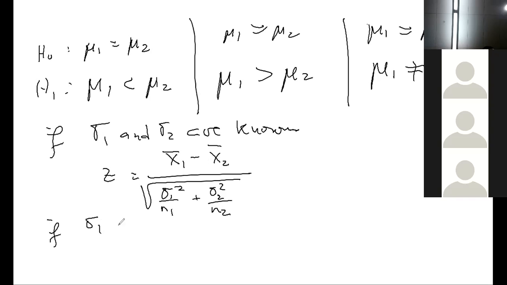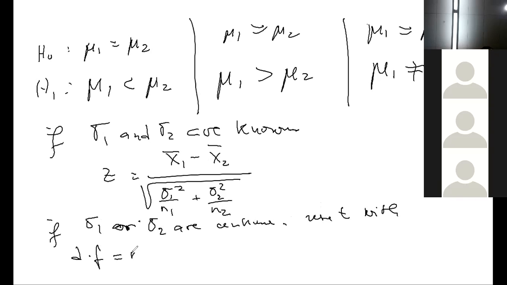If sigma 1 or sigma 2 are unknown, we use T with degrees of freedom equal to the minimum of n1 minus 1, n2 minus 1.